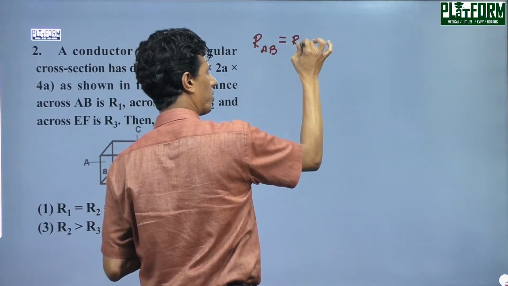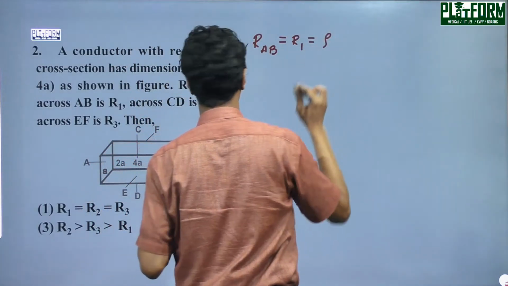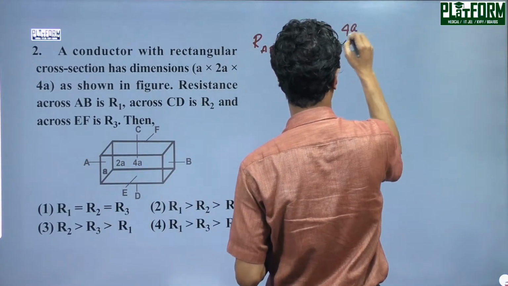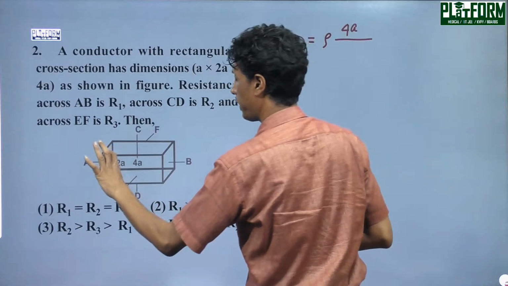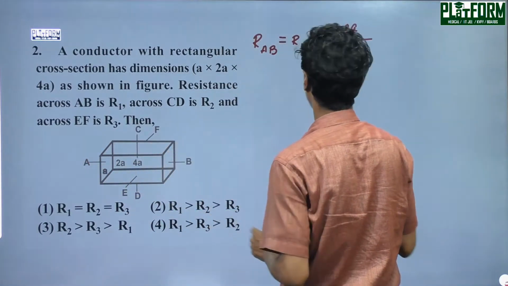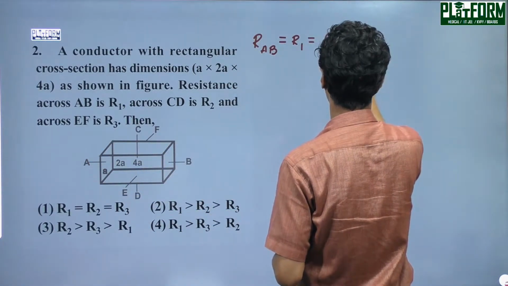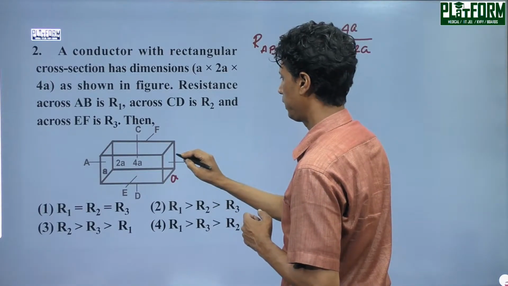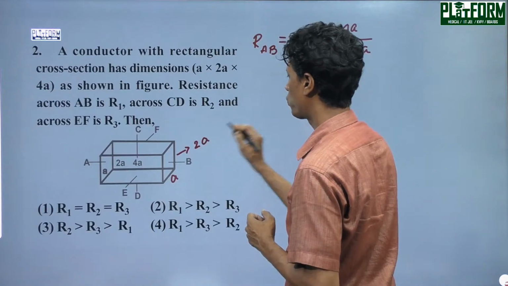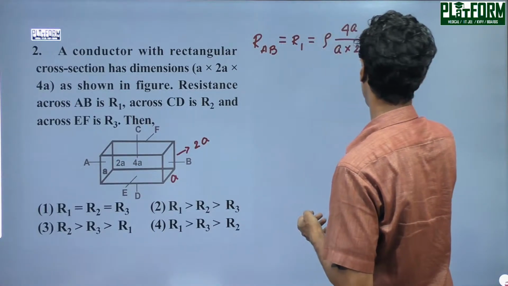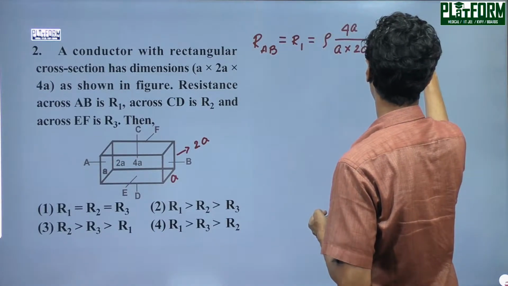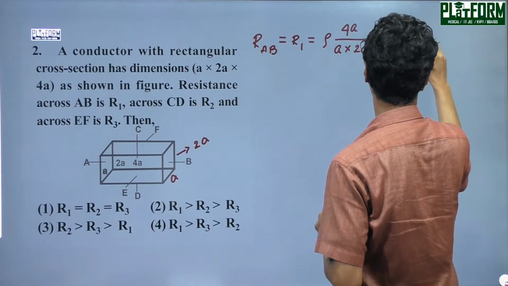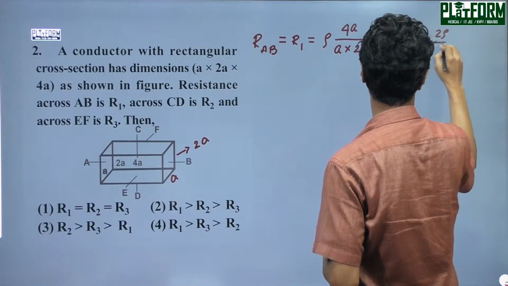So it is rho, length 4A by cross sectional area A into 2A. This is A and this side is 2A. So R1 is rho into 4A by 2A squared, which is 2 rho by A.